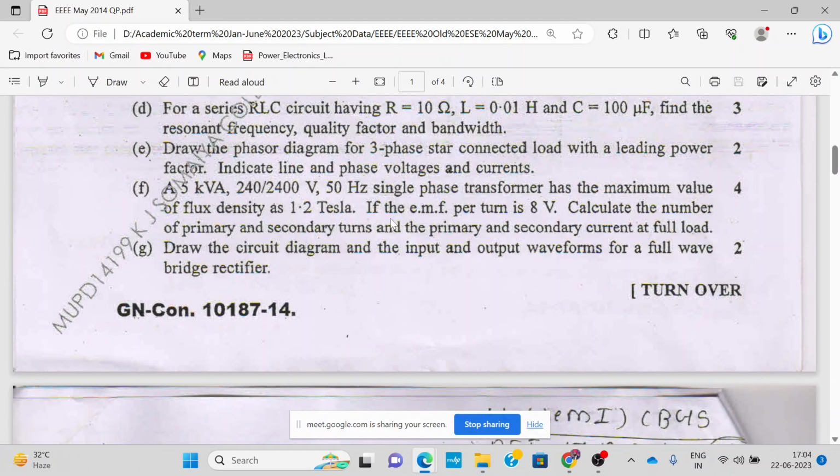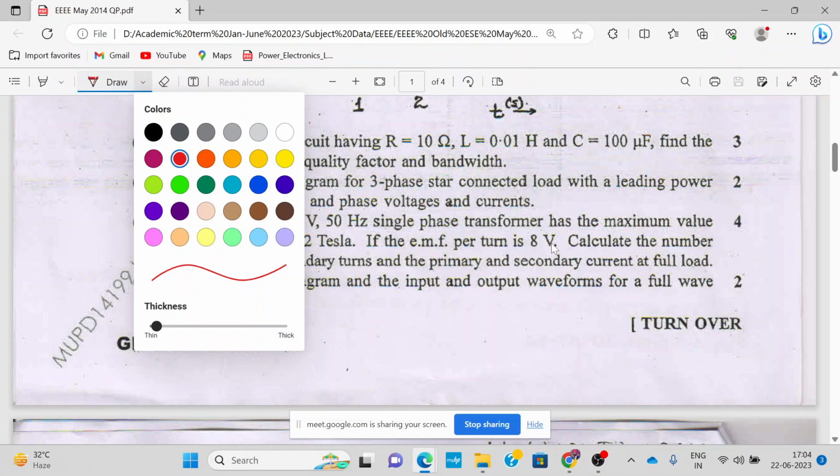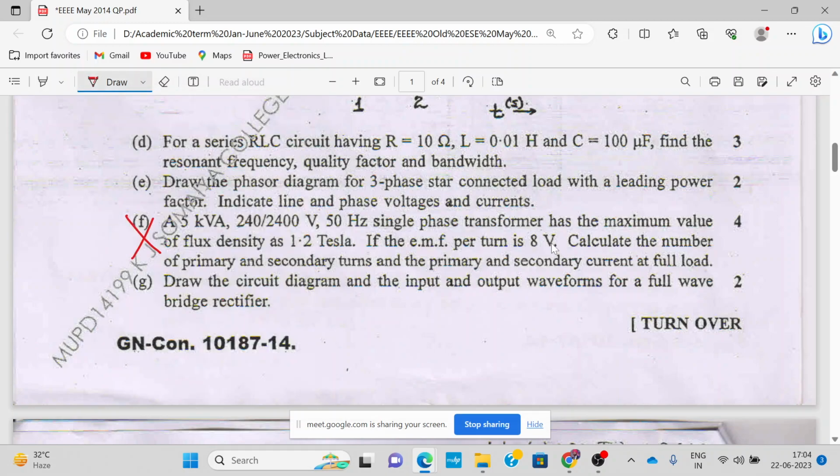Okay. Next question is, now you see this is a numerical based on transformer. Now, numerical based on transformer, good news is it's not there for y'all. It's not in your current syllabus.